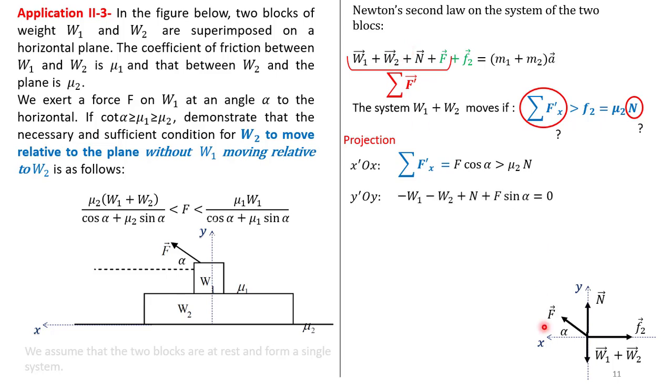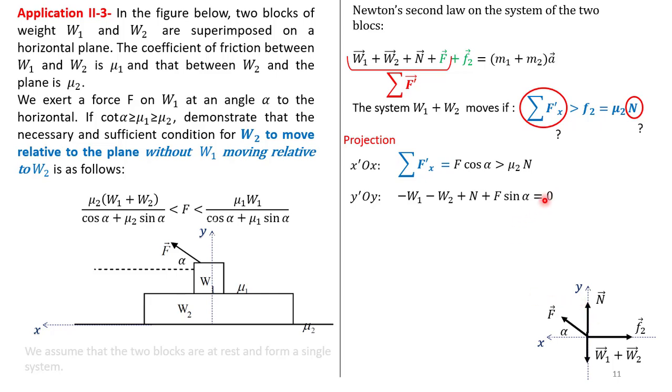So we have minus W1 minus W2, because these two vectors are downwards, plus n plus f sine alpha, because f also has a component along the y-axis.